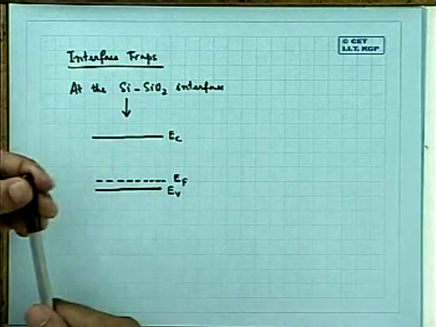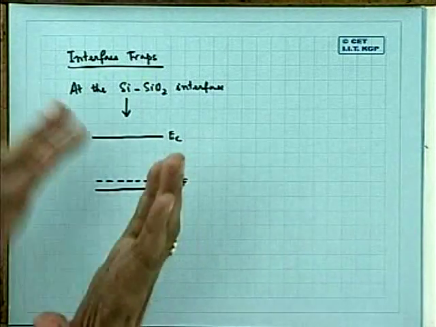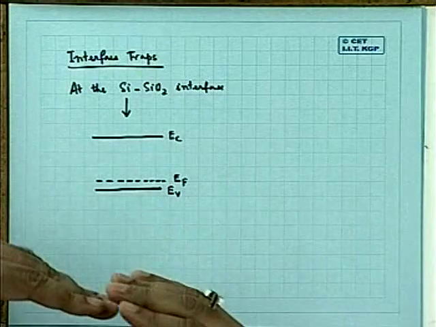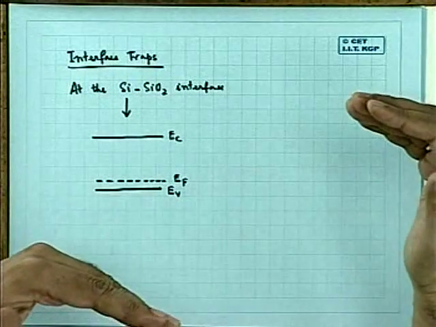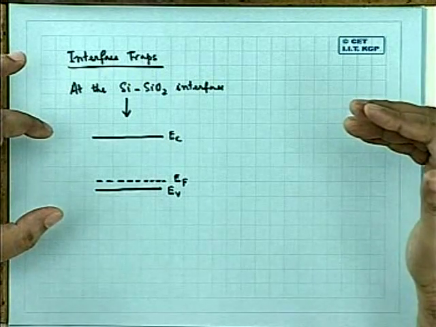But in the band gap, it is not a completely empty band gap. Because of the transition from silicon to silicon dioxide, the band gap will now have a lot of allowed states. Otherwise, the band gap is a forbidden gap.